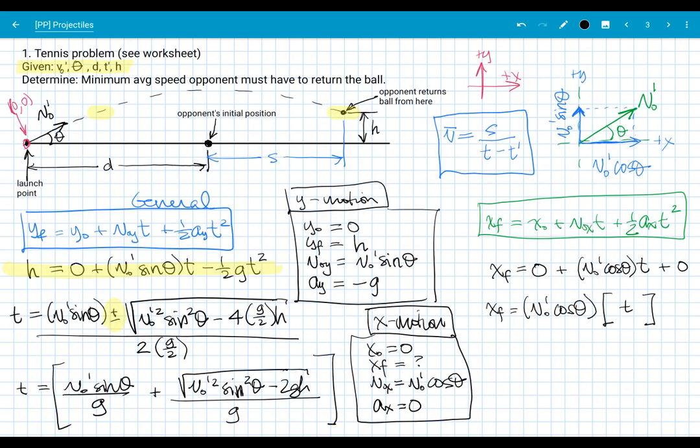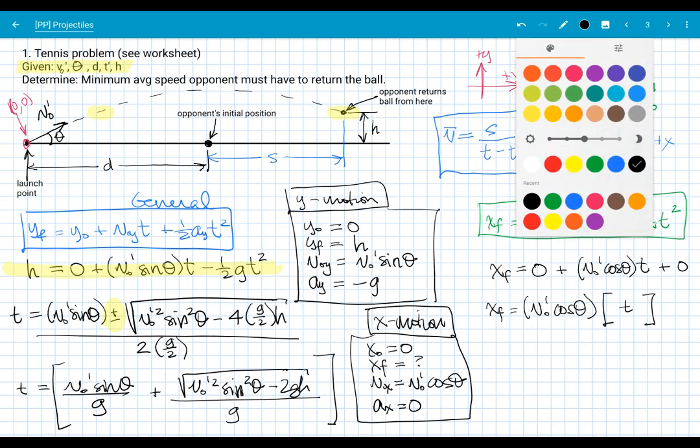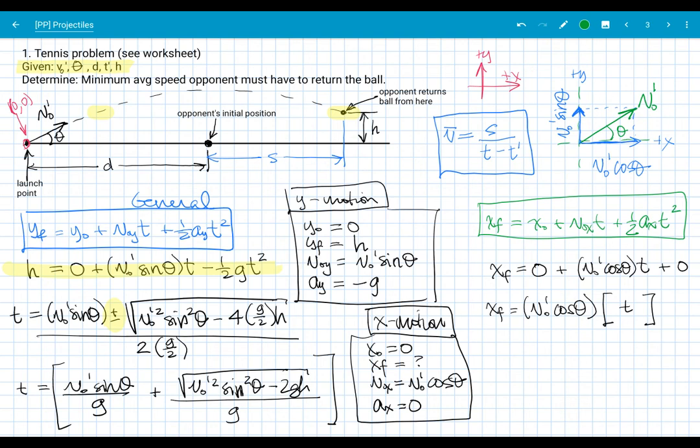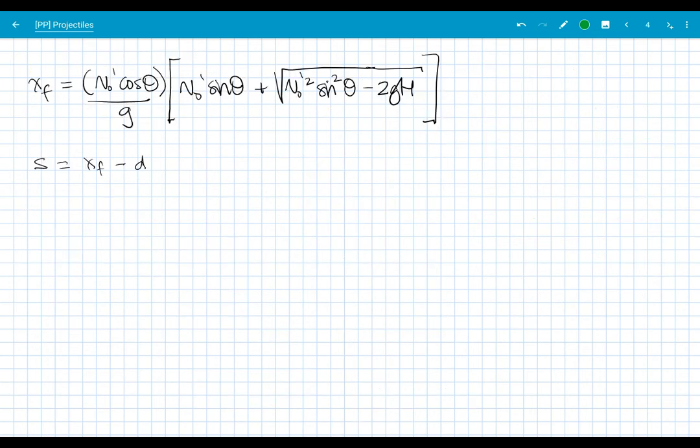Let's go back again and remember why that's true. X final is the whole distance, this whole thing here. So x final minus d gives us the s, which is the distance she needs to run. And she needs to run in a time of t minus t prime.